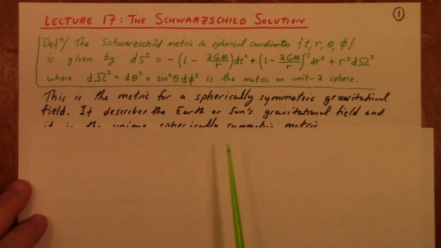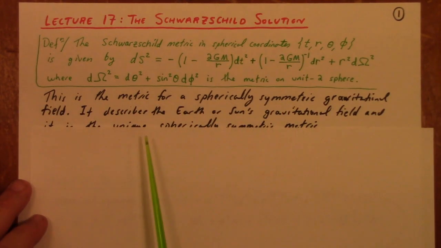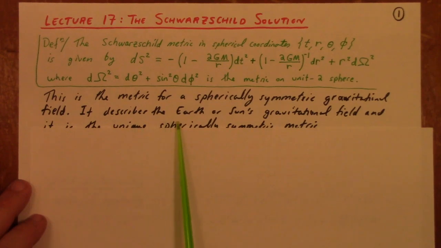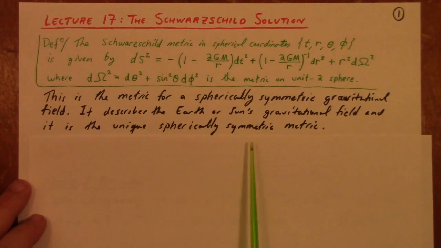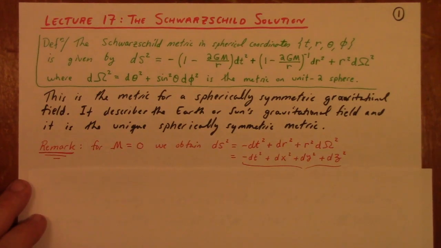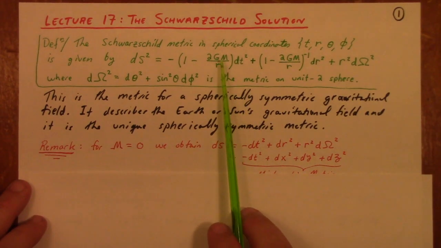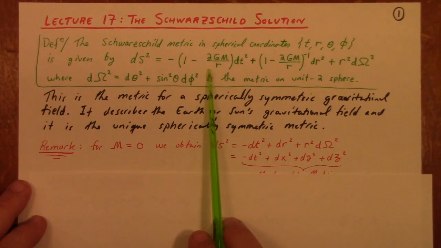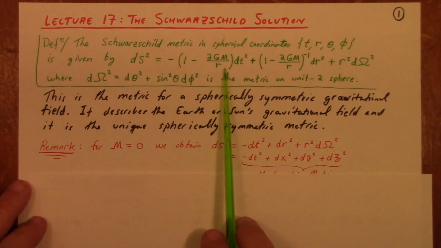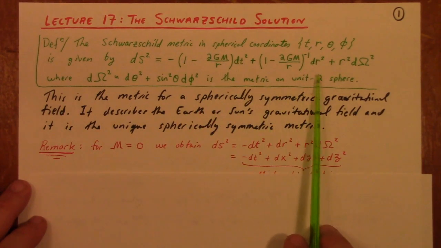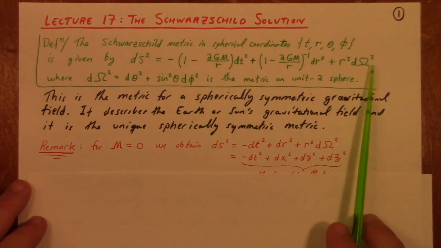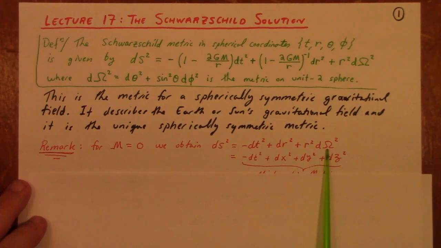So this is the metric for a spherically symmetric gravitational field. It describes the Earth or the Sun's gravitational field, and it is the unique spherically symmetric metric. Something else I should mention right off the bat: if you put m equals 0, you're back to the Minkowski metric, all right? Because this spherical term is spherical coordinates.